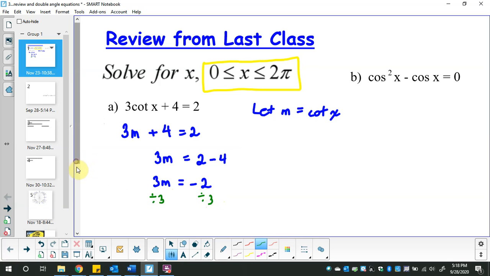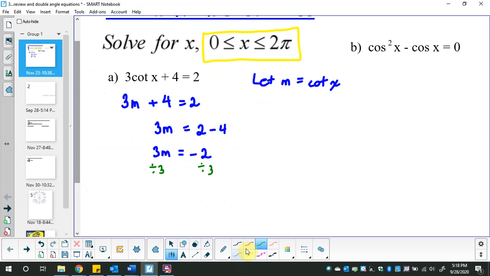And then if you realize that that answer is -2/3, actually let me change this color combination to black. If you realize that -2/3 is the fraction sitting on the right hand side and that m is now sitting alone, you can transfer that back to cotangent x.